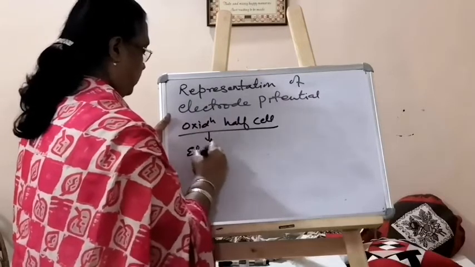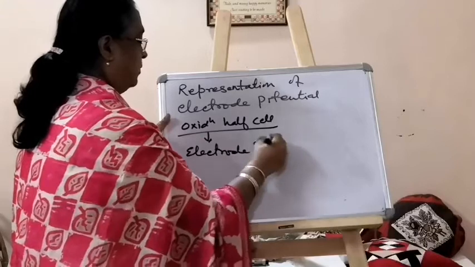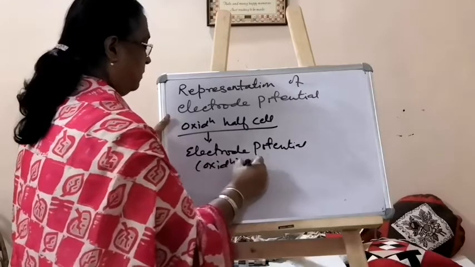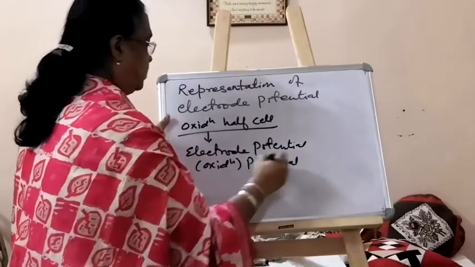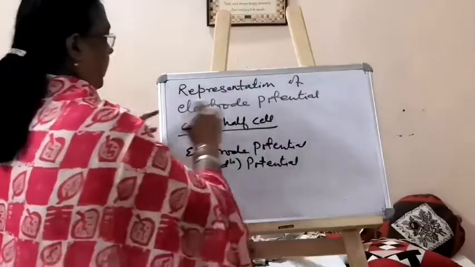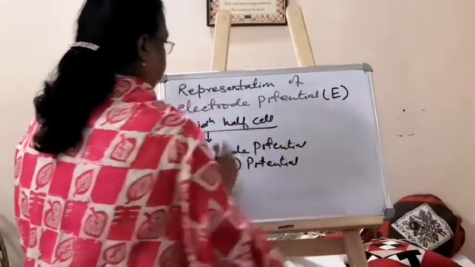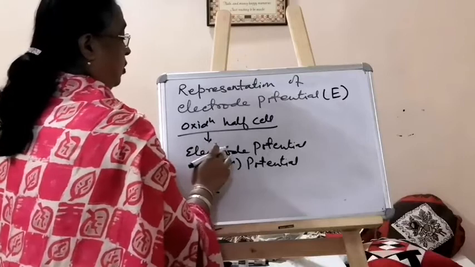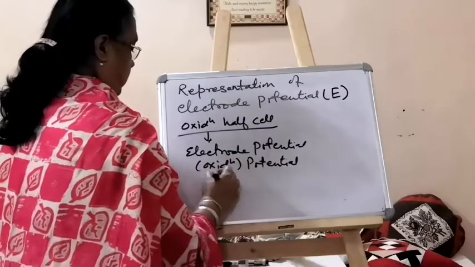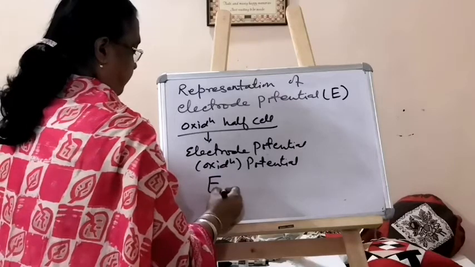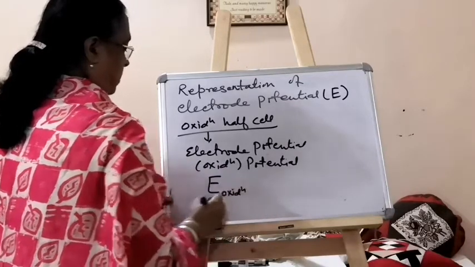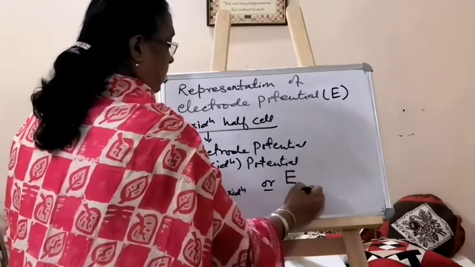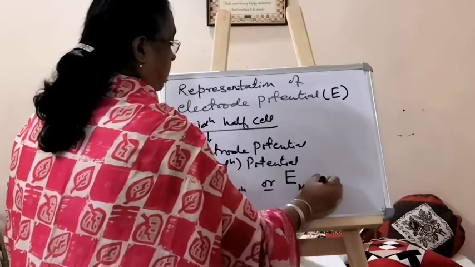Electrode potential is symbolized by capital E, and when we say electrode oxidation potential, then at the base you write oxidation, or you can write E metal into metal ion.